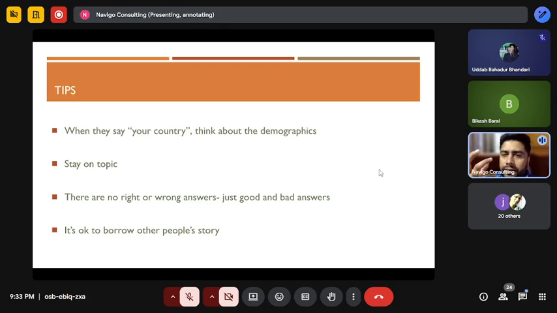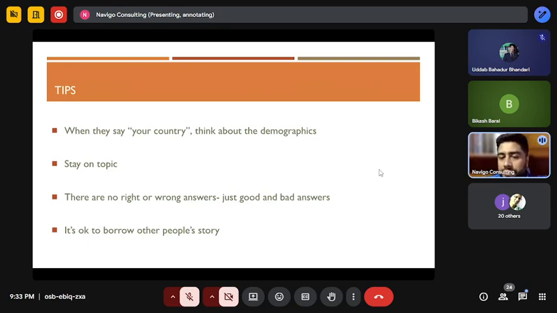Okay, sometimes like what foods are most popular in your country, right? So when thinking about demographics, what you can do is, yes, the foods are popular in my country, but it is popular according to the region, right?